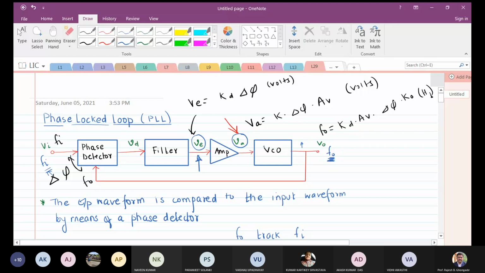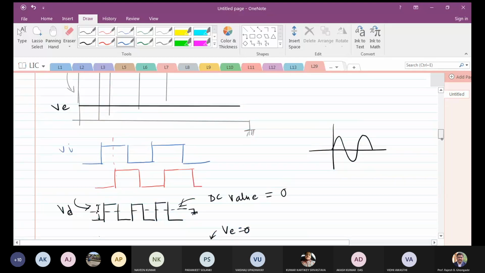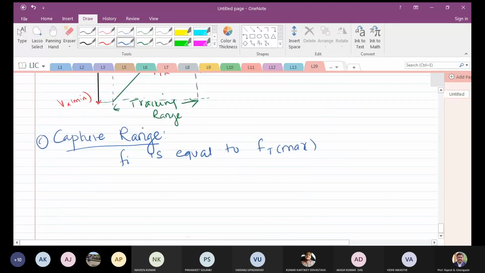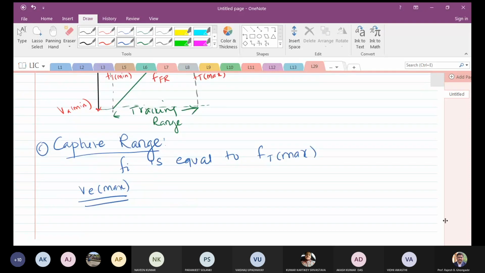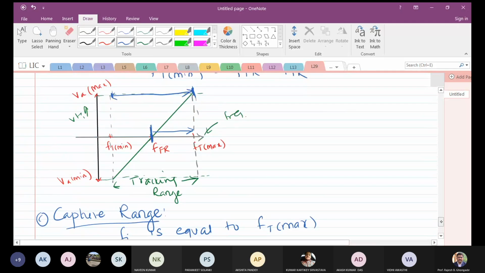So in order to generate this VE itself, I require some change. We require the maximum value of VE, in fact, because it has to go from the free running point all the way to this point. So the maximum error voltage is to be generated, no? Are you able to understand this? Guys, can you explain this once again?